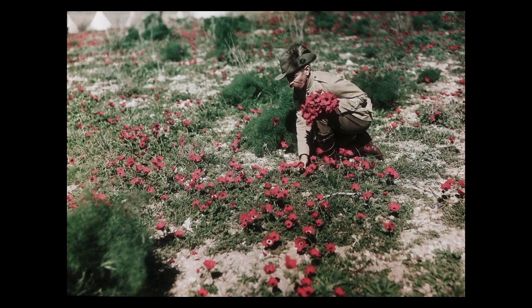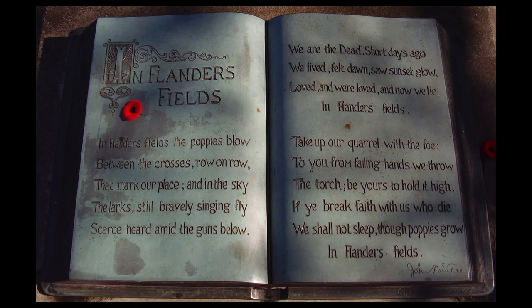This is in Palestine. Now, all of you, hopefully, are familiar with this poem, and I will leave the poem on the screen for you to read. It's a very famous poem. It was written by a Canadian who was also one of the victims of the First World War.